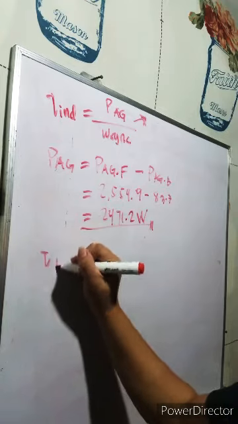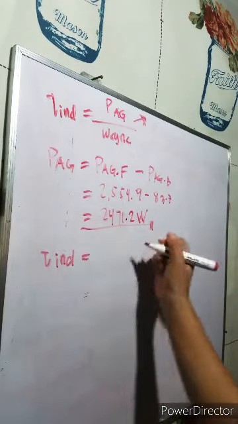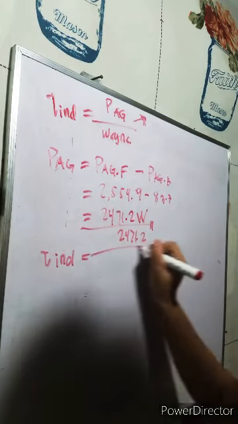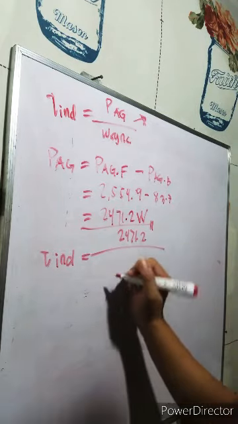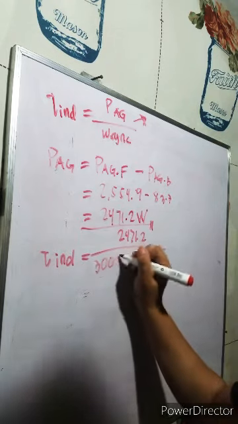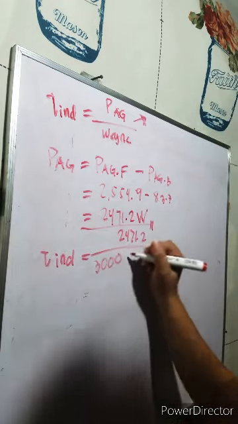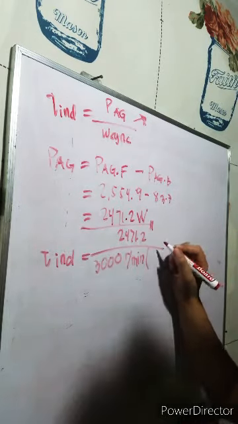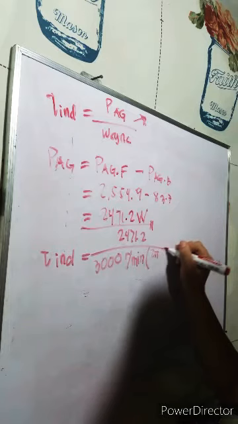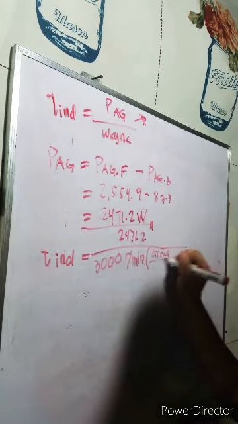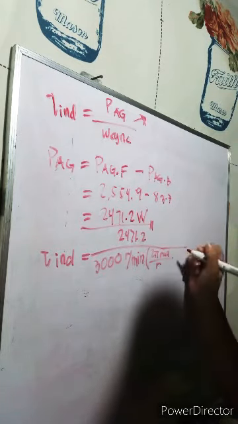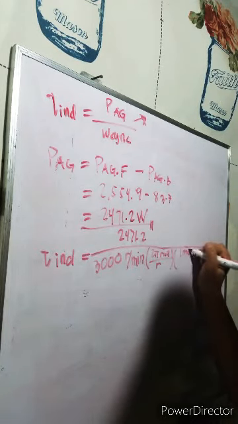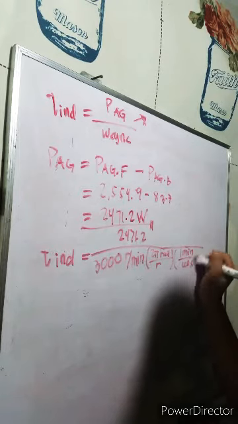So torque induced is therefore equal to 2471.2 over 3000 revolutions per minute times 2π rad over revolution times 1 minute over 60 seconds.